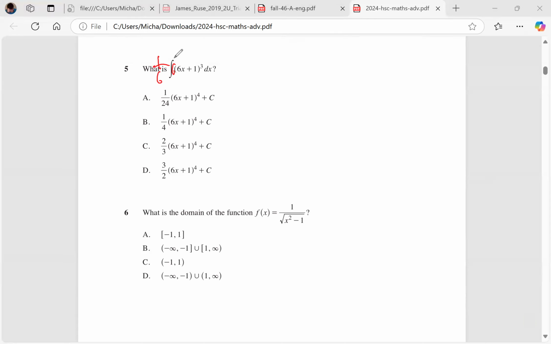And whenever you have the derivative, you can treat it like x. So then it's a quarter (6x plus 1) to the 4, and then we times it by 6.